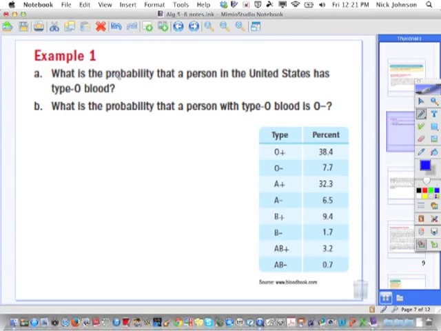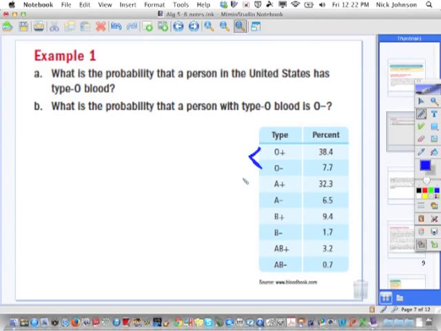Example 1 says, what is the probability that a person in the United States has type O blood? Well, where's type O? Type O is right here.